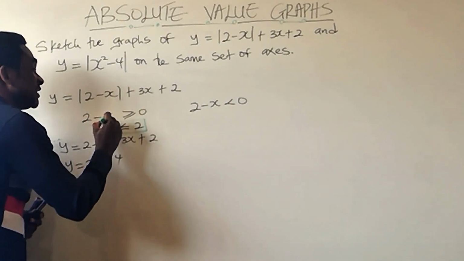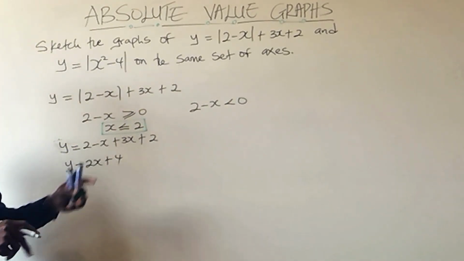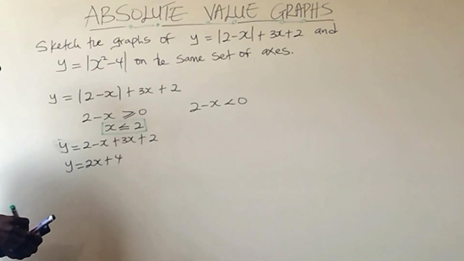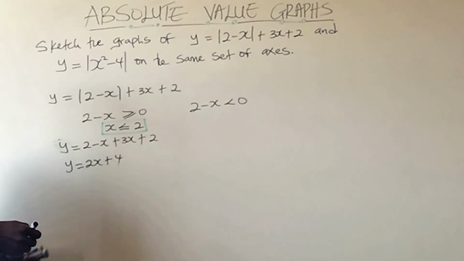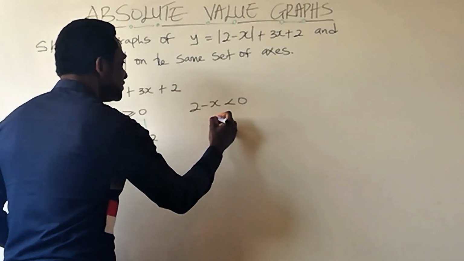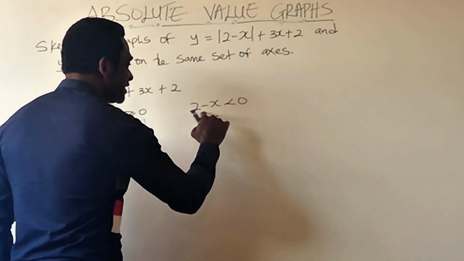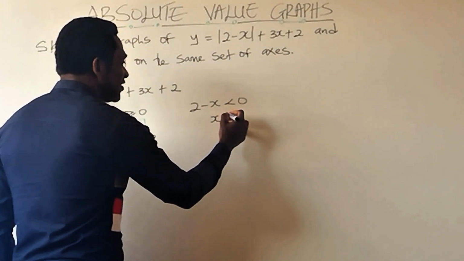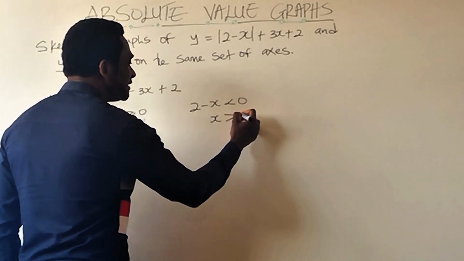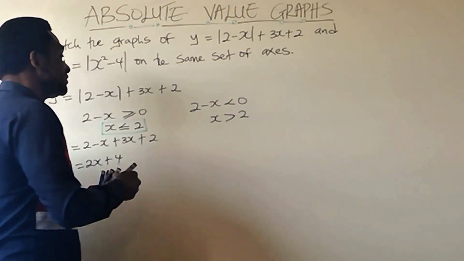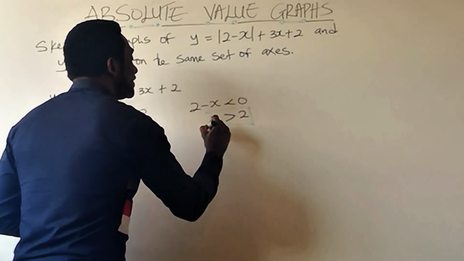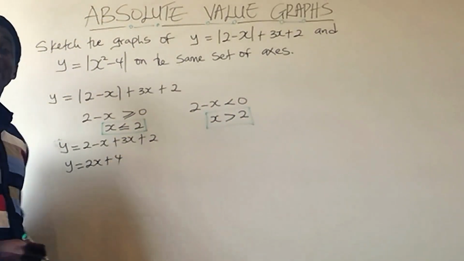That is the condition that satisfies this expression when the value in the absolute bar is positive. Let's look at the negative option. The value that satisfies it, if we simplify this, we have x is greater than 2. This condition will satisfy this when the value in the absolute bar is a negative.